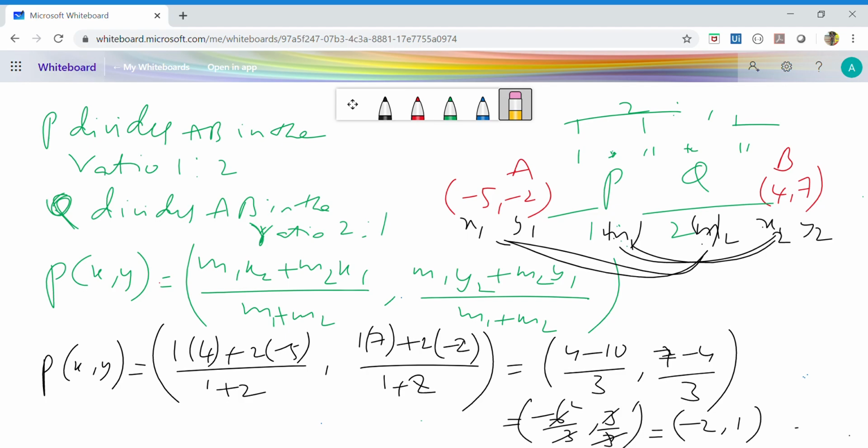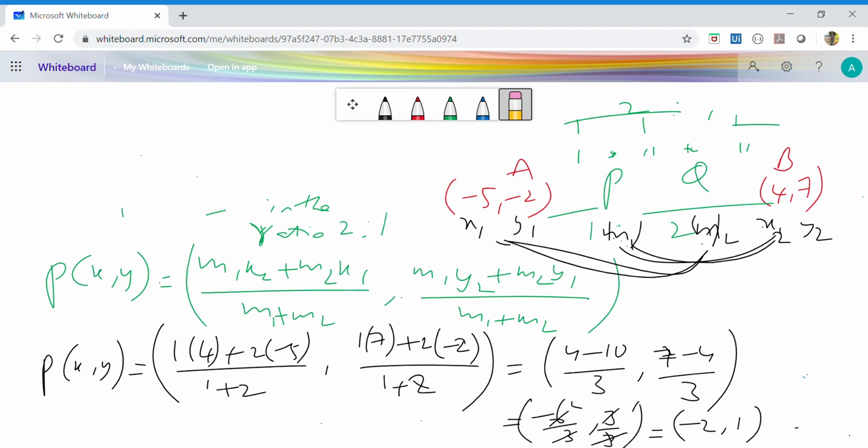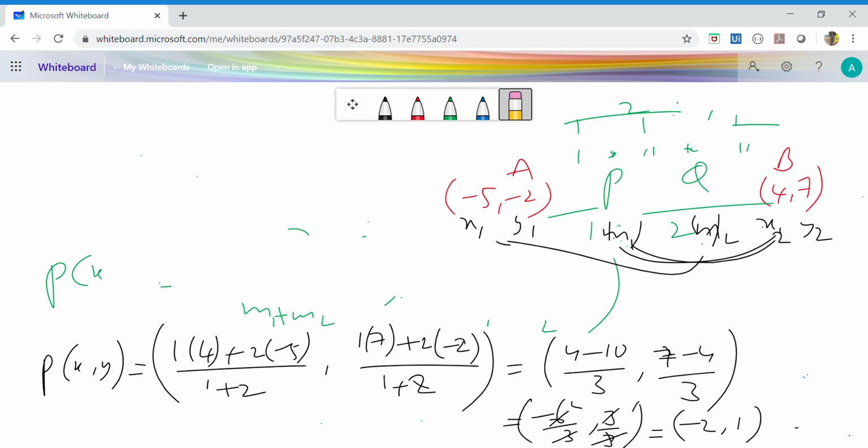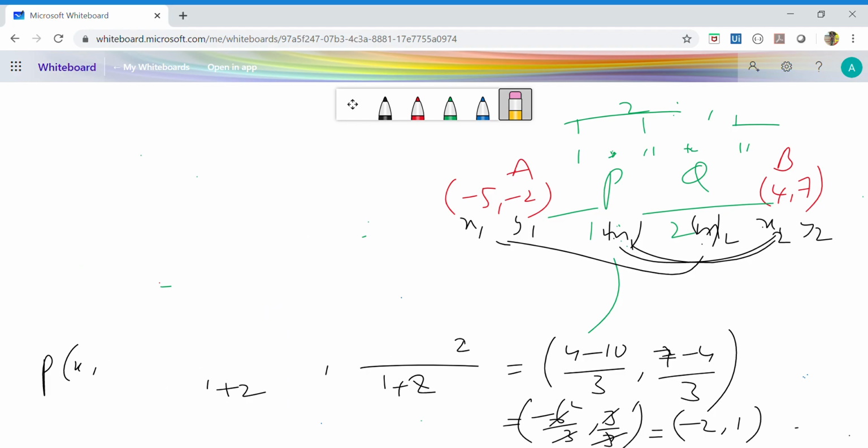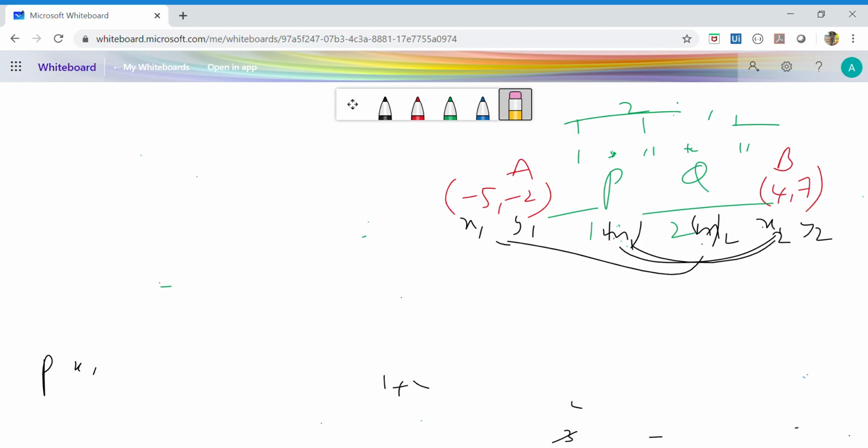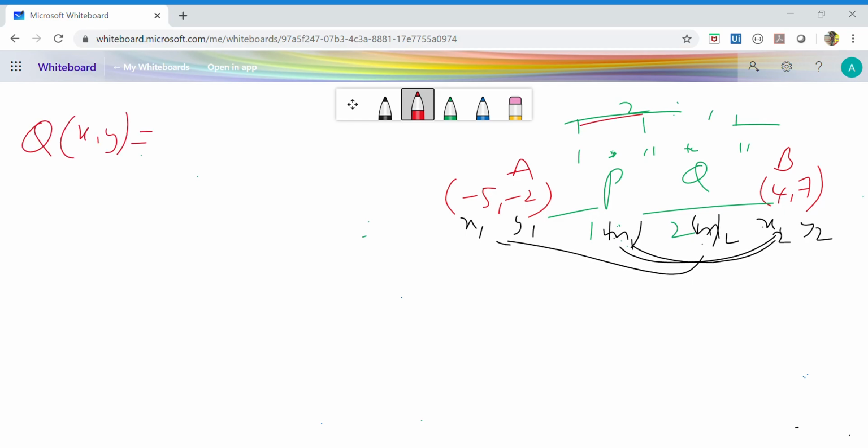Like that only you can find out Q of x comma y. Q of x comma y also uses the same formula. Here m1 is 2, m2 is 1.